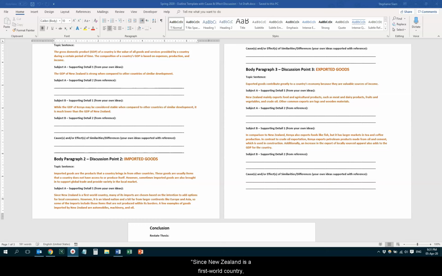Since New Zealand is a first world country, many of its imports are chosen based on the intention to add options for local consumers. However, it's an island nation and a bit far from larger continents like Europe and Asia. So some of the imports include those items that are not produced within its borders. A few examples of goods imported by New Zealand are automobiles, machinery, and oil.